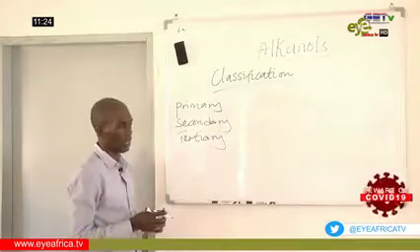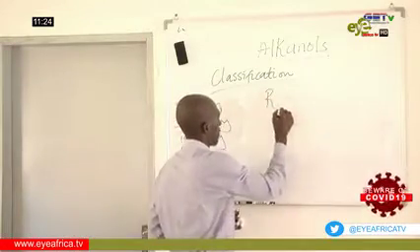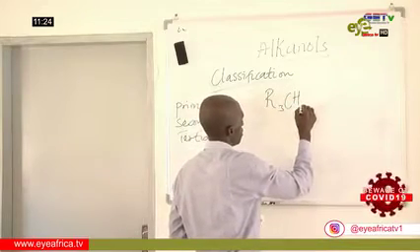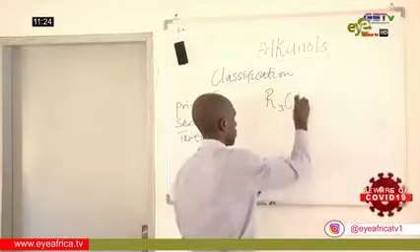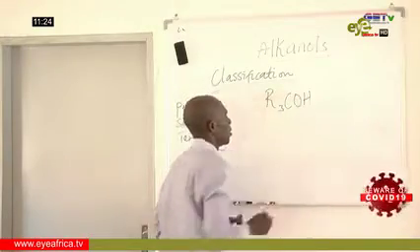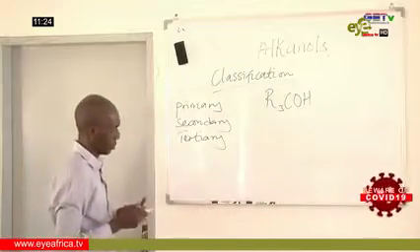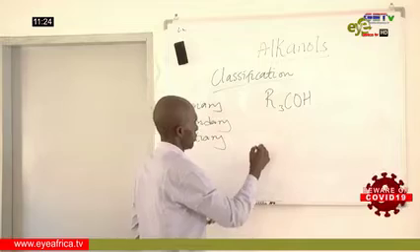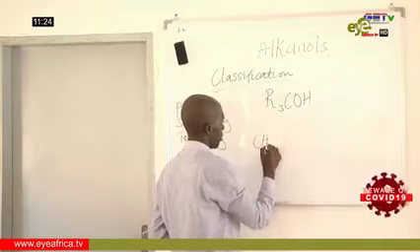That is, we'll have something like this, R3COH. Okay. Let's take an example. We should have a compound like this.